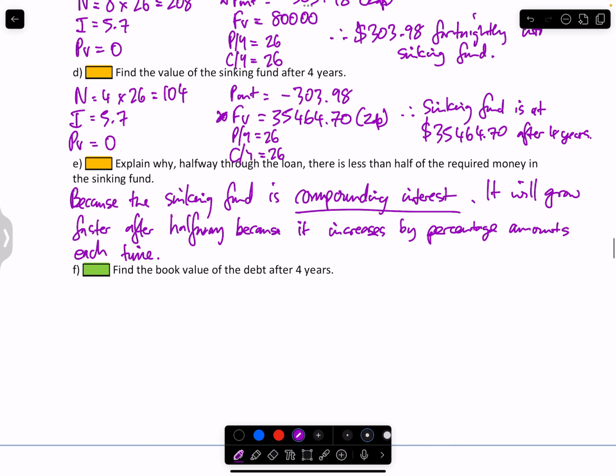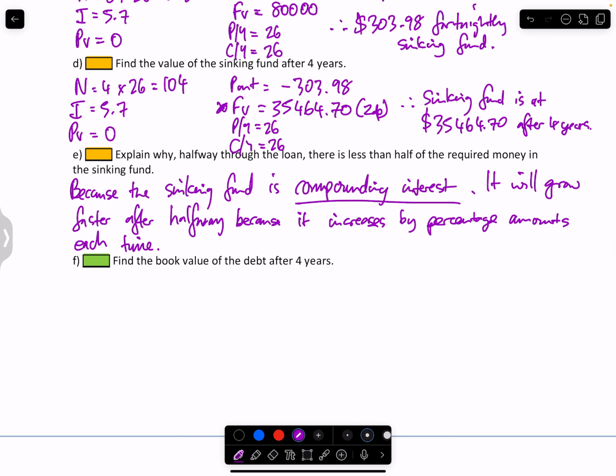Find the book value of the debt after 4 years. Book value is the intended debt, the principal, minus current contents of sinking fund.